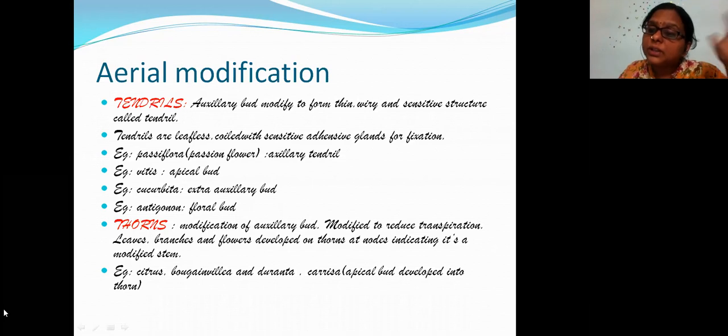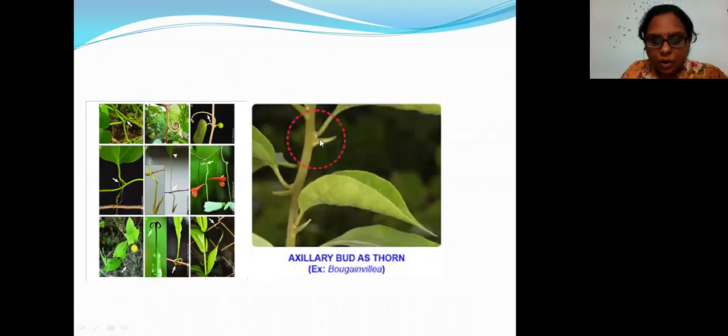How did they find out that a thorn is actually a modified stem? Where the thorn was, next to it, as you have just seen in the picture, a leaf comes out from that bud itself. It means it is a stem, because you know that only on the stem will you have flowers, fruits, leaves and so on. So that's why they said this thorn is a modified stem.